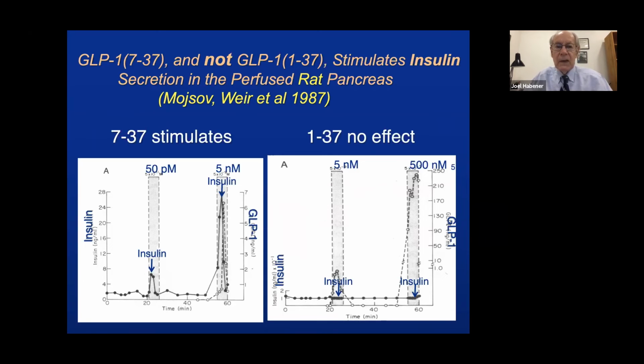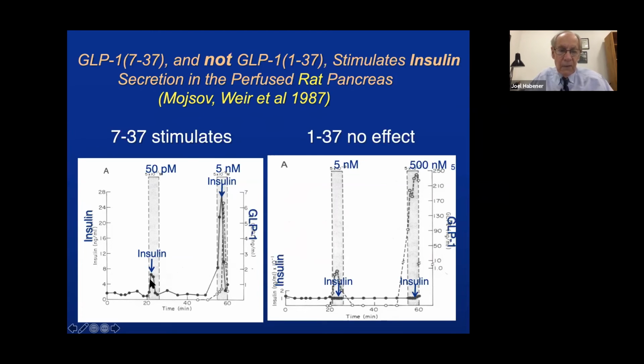So it's not cultured cells, but actually a live pancreas. So we can show very nicely that the 7 to 37 peptide, but not the 1 to 37 peptide, stimulated insulin secretion in the perfused pancreas.